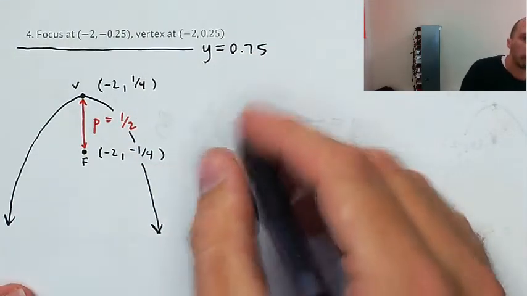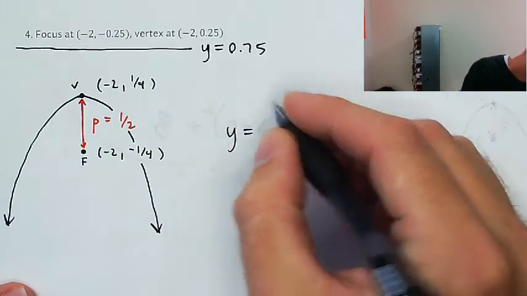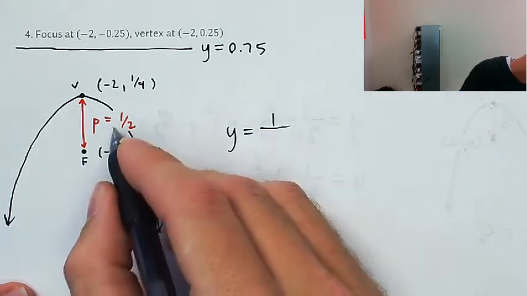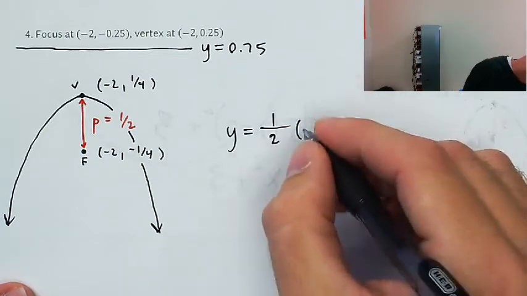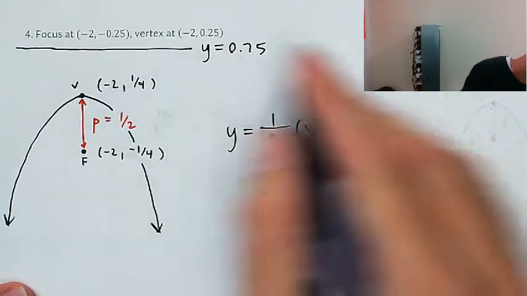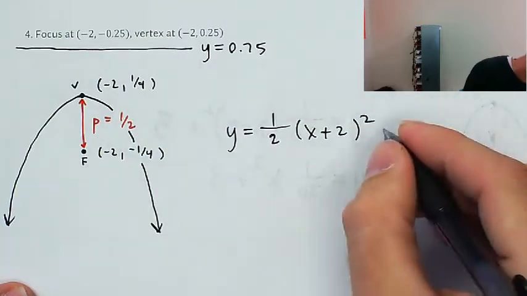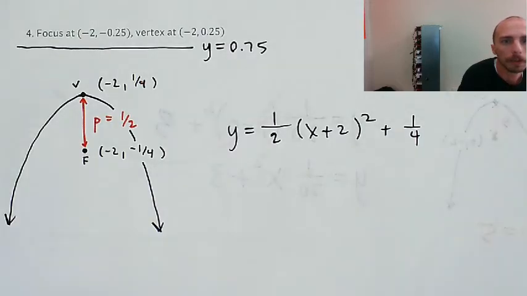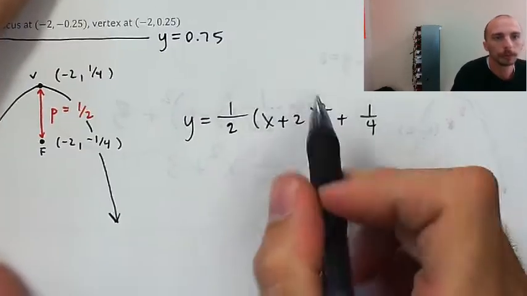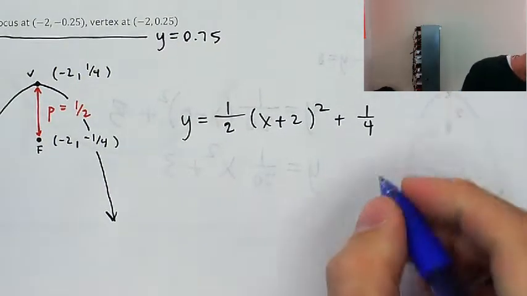All right, now if I want to put in the vertex form, I'm going to say y equals 1 over 4p. So 4 times 1/2 is 2, multiplied by x minus the x coordinate of the vertex, squared, plus the y coordinate of the vertex. Okay. And now I'm going to have to expand x plus 2 squared in order to write this in standard form.